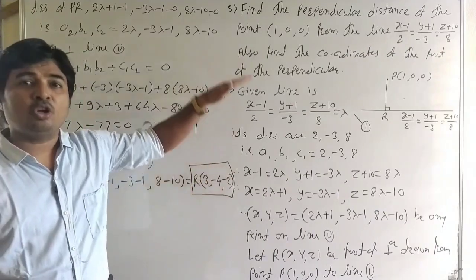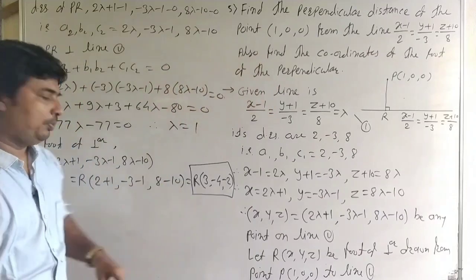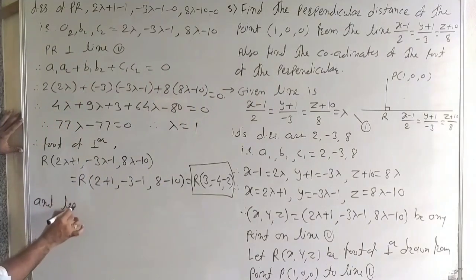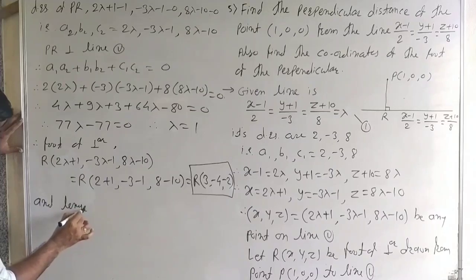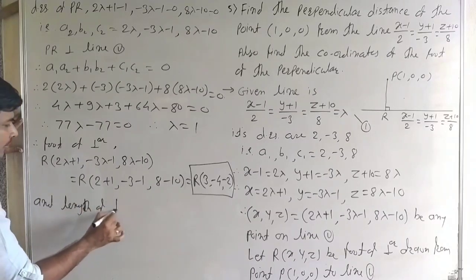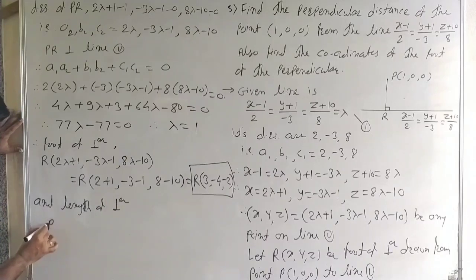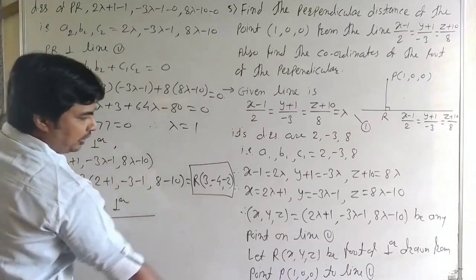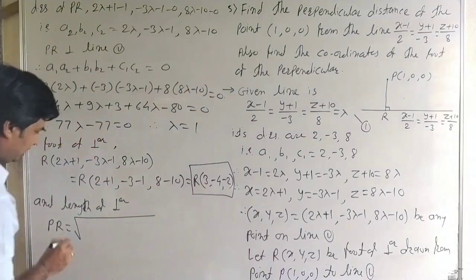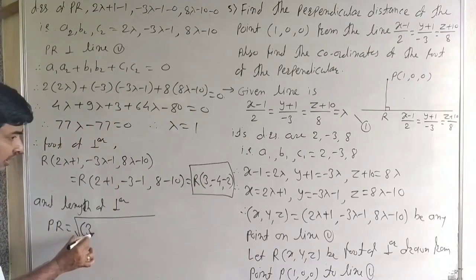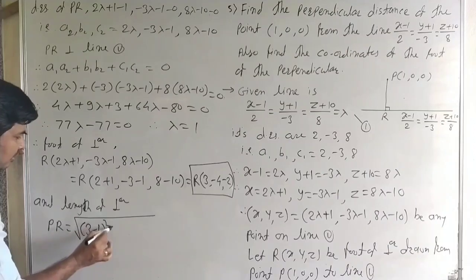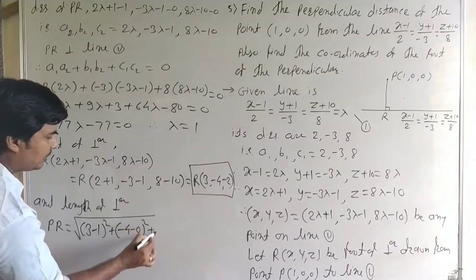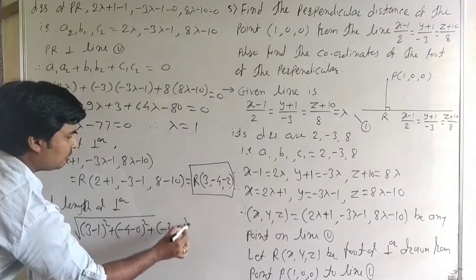Now we find the length of the perpendicular, that means the distance between points P and R. By distance formula, PR, P point is 1, 0, 0 and R, therefore 3 minus 1 whole square plus minus 4 minus 0 whole square plus minus 2 minus 0 whole square.